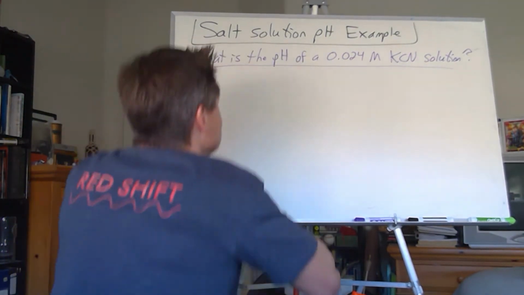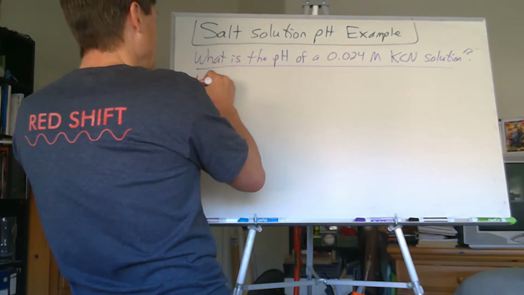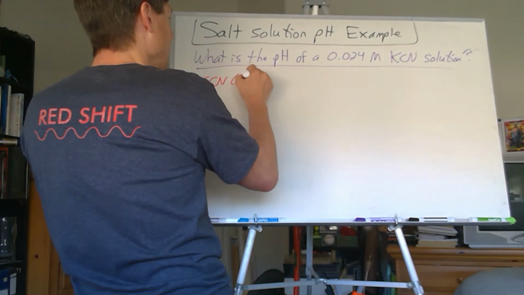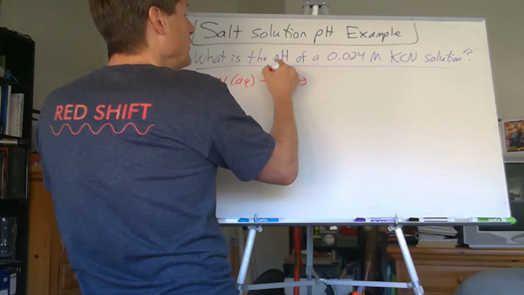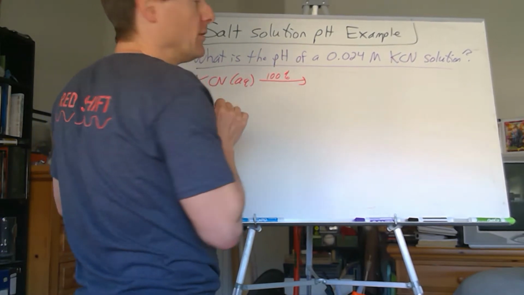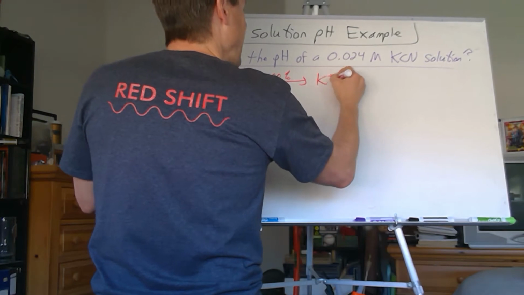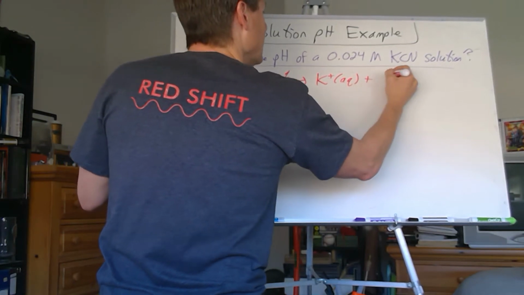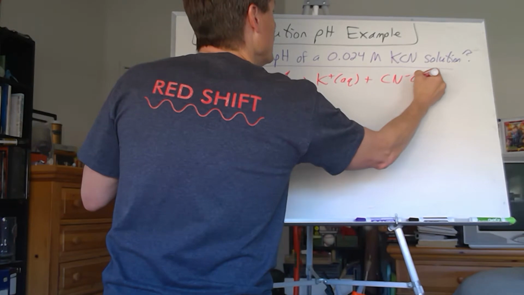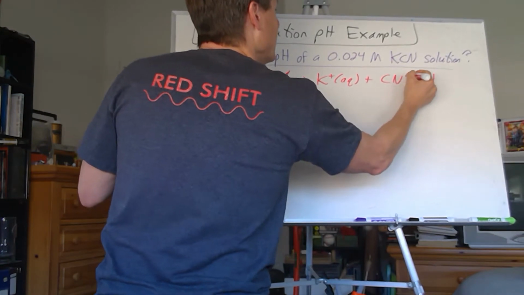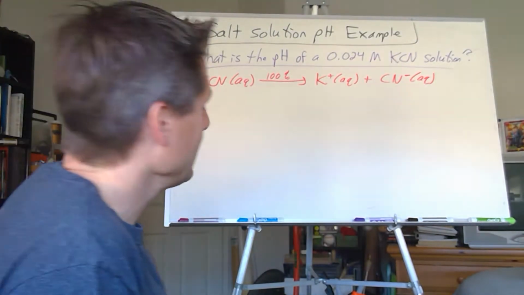So we've got potassium cyanide. That is going to undergo 100% dissociation in water to give us the potassium cation and the cyanide anion.